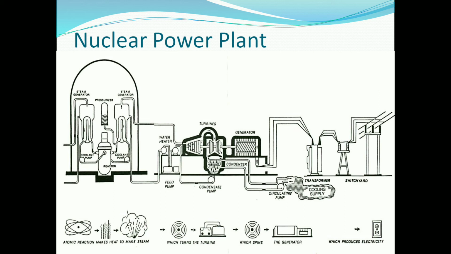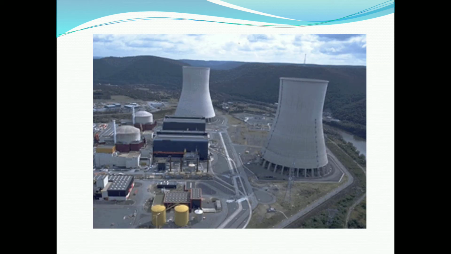The bottom portion shows the atomic reactions that make steam, which then goes to turn the turbines, and the turbines are connected with the alternator or generator, and the generator generates electrical energy, and this electrical energy comes to us through the grid. This is the reactor. This is the nuclear power plant.